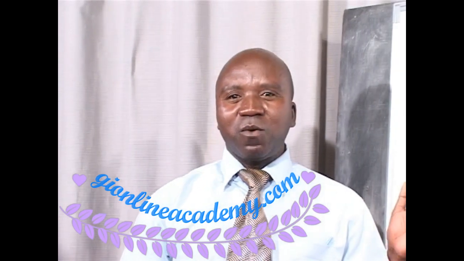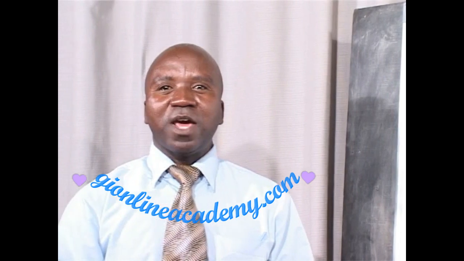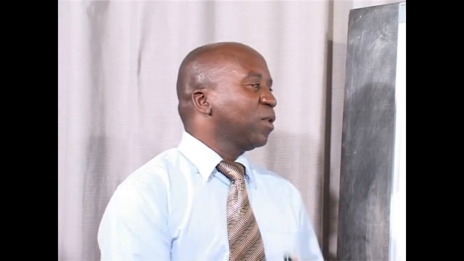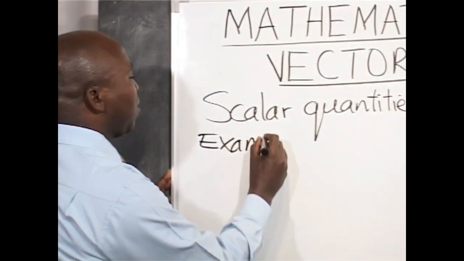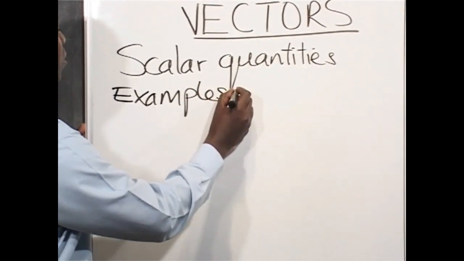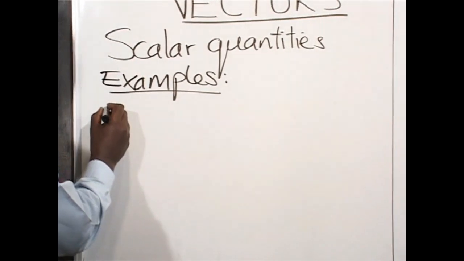Or you can have volume. Say the volume of a certain vessel is 300 cubic centimeters. Those are examples of scalar quantities. So scalar quantities include things like distance.